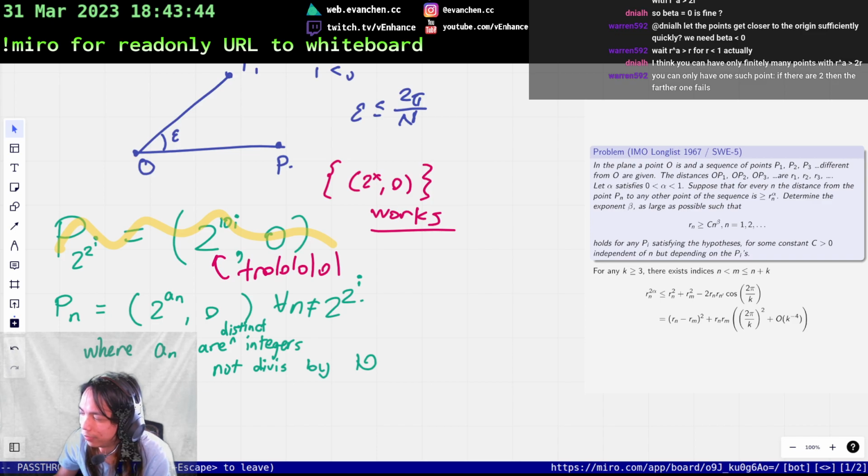In fact, I think you can take k equals 6, right? Because the point is if the points are close to... Hang on. Is this homogeneous? It's not.